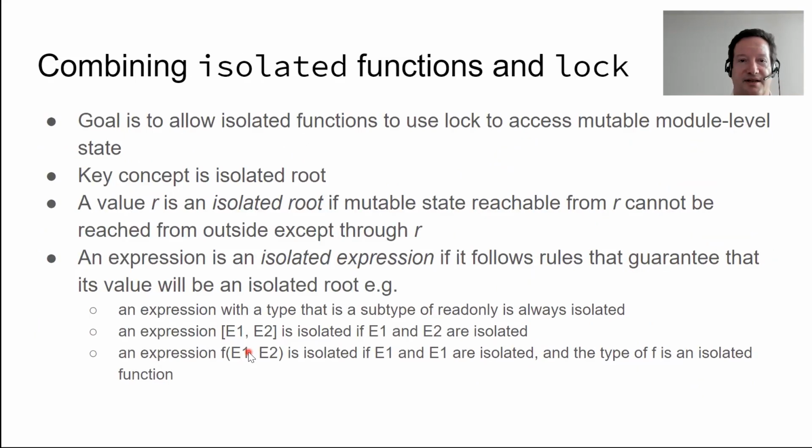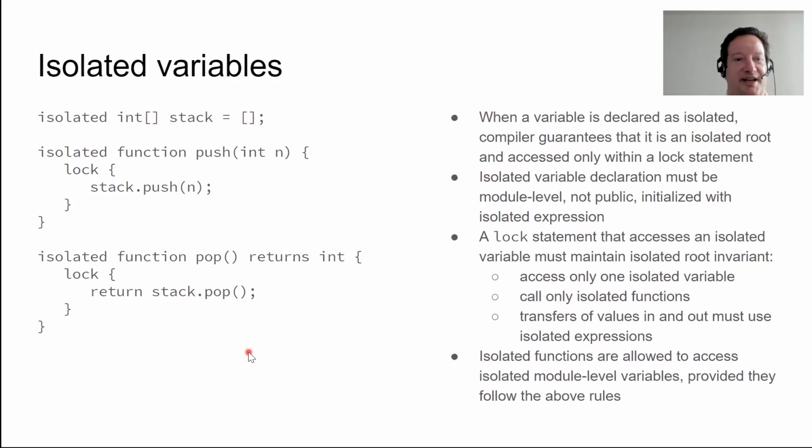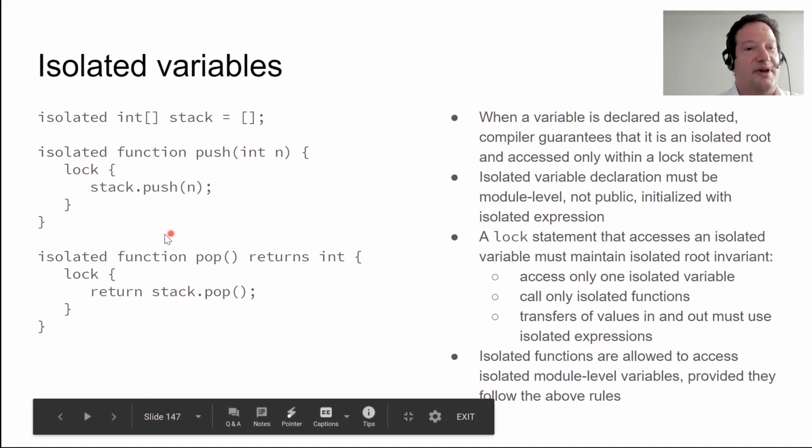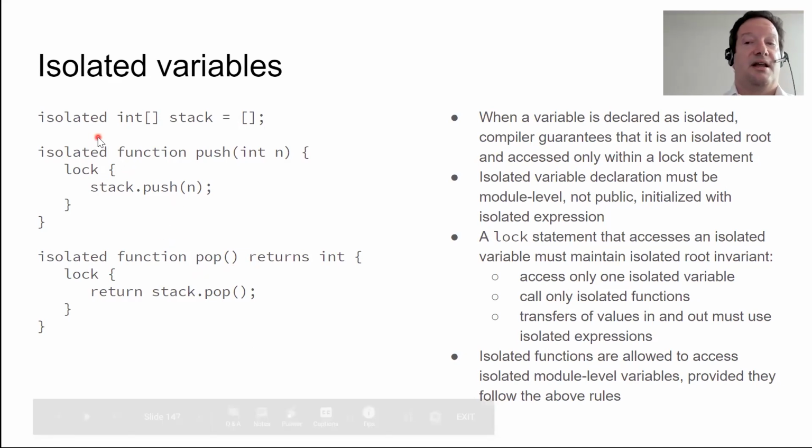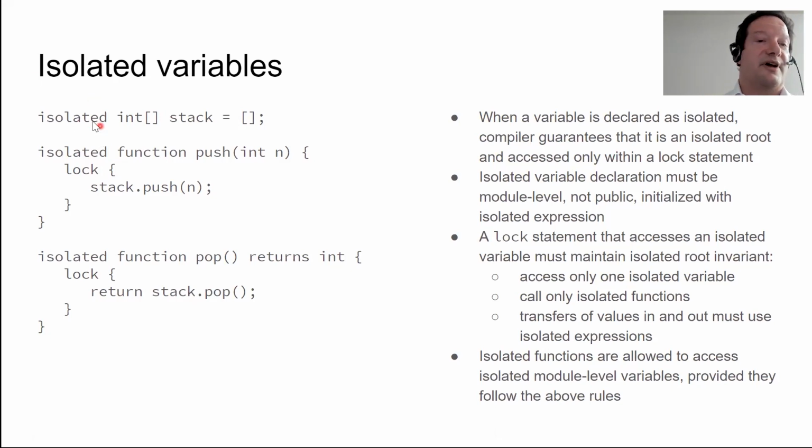So this is its own little journey. The way this works is we can have variables declared as isolated. This is a module level variable that we've declared as isolated; it's not read-only, it's mutable.